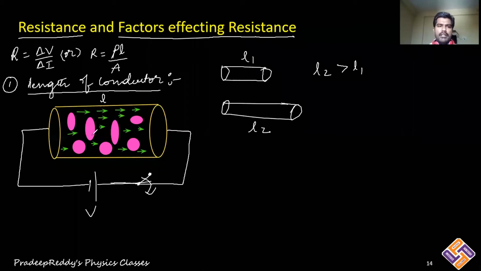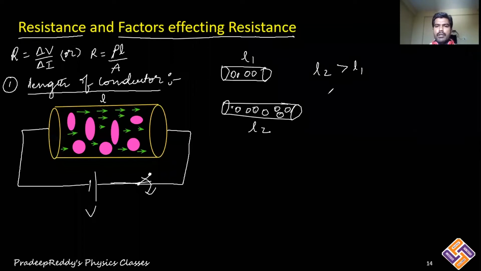Now when an electron is forced to drift from one end of the conductor to the other end, as it is traveling, definitely there are many ions, and the number of ions in case of length L2 is greater than that of length L1.